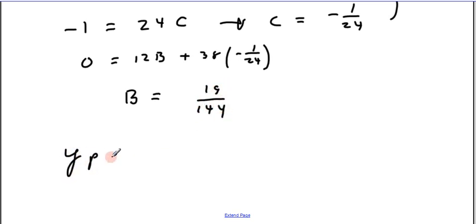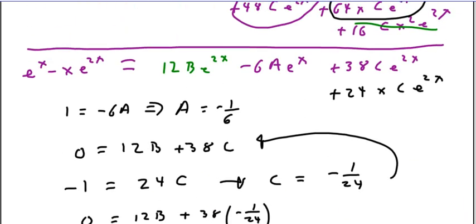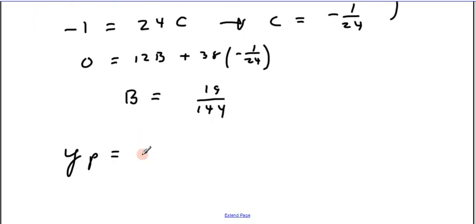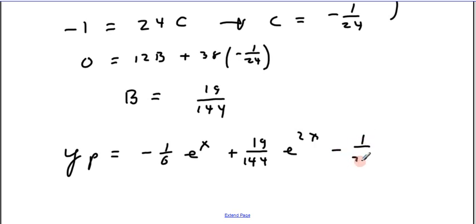So y_p, this is 18. Okay, so y_p is equal to minus 1/6 e to the x plus 19 over 144 e to the 2x minus 1 over 24 x e to the 2x.